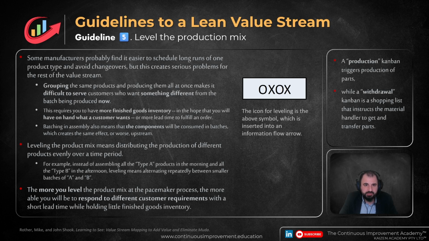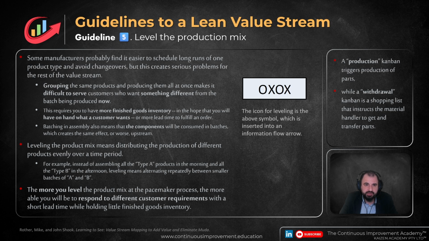While this seems efficient for one process that requires a long changeover time, this batching creates severe problems for the entire value stream, leading to excessive finished goods inventory and amplifying inventory surges upstream.